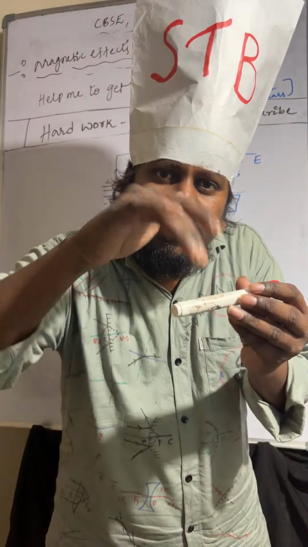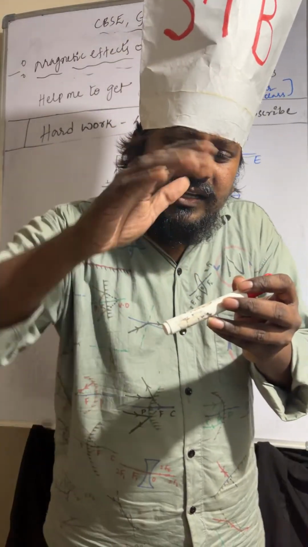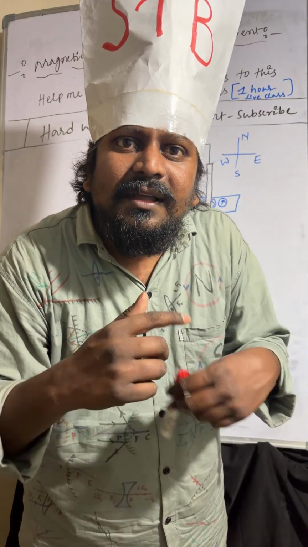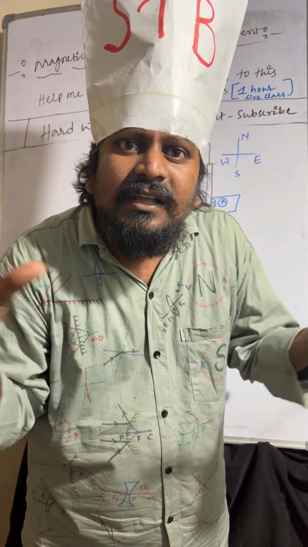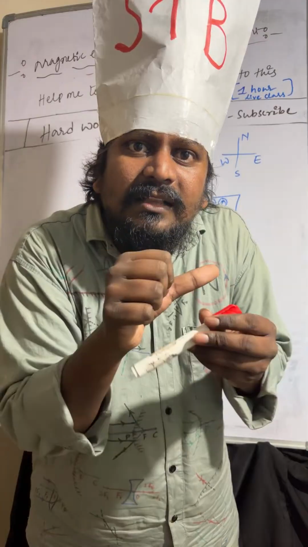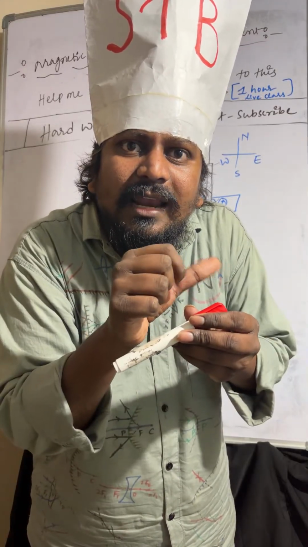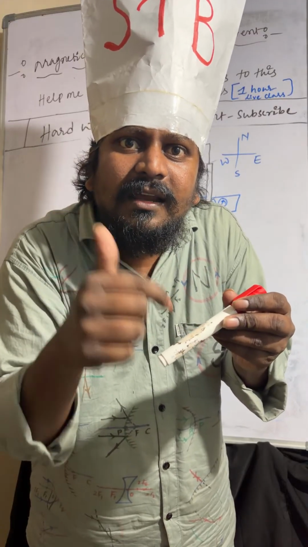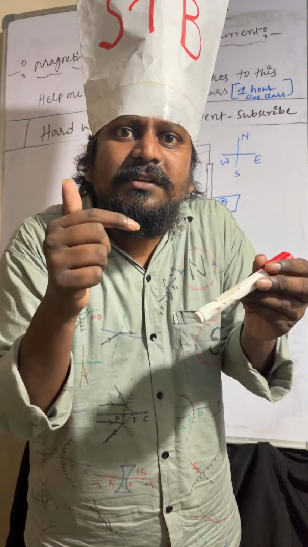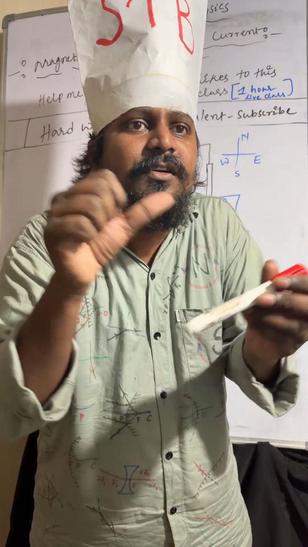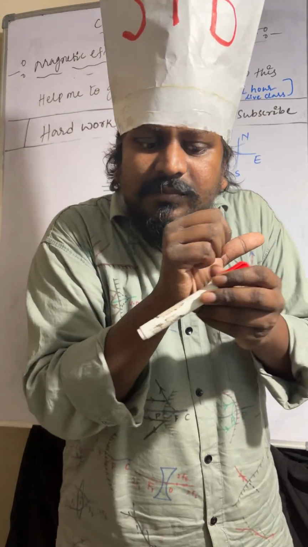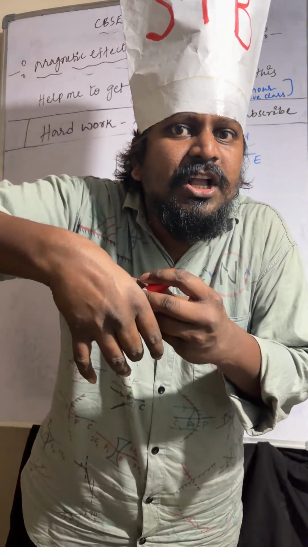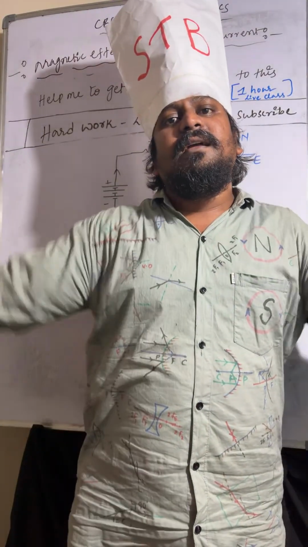The curly, folding fingers show the magnetic field direction. Along the current carrying conductor, you have to place the thumb along the current direction, and the folding fingers show the magnetic field.